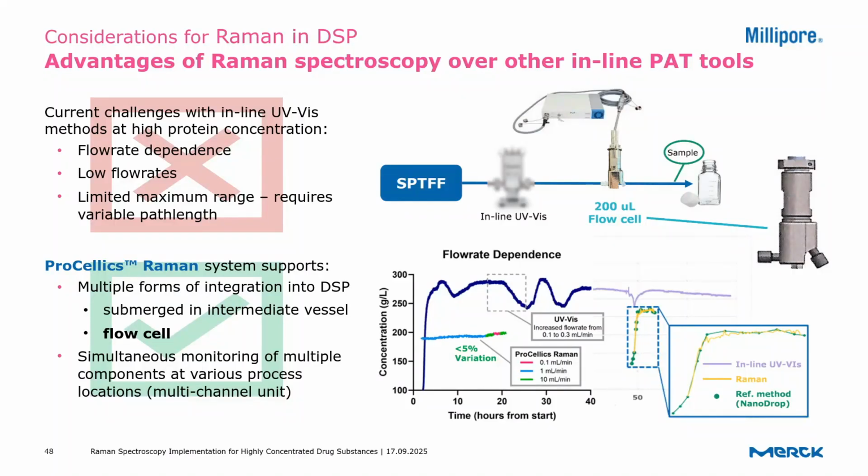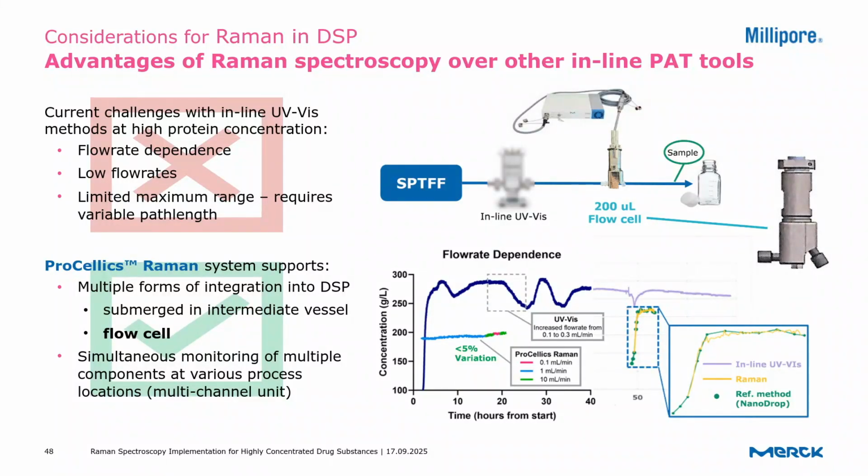Currently, there are systems on the market that allow inline monitoring of this type of sample stream surrounding UFDF operations, specifically numerous UV-Vis solutions. However, we faced challenges with the UV instrument we were initially using. These challenges included flow rate dependence, which is shown in the plot where you can see drastic changes in the concentration reading from only slight disturbances in the flow rate.